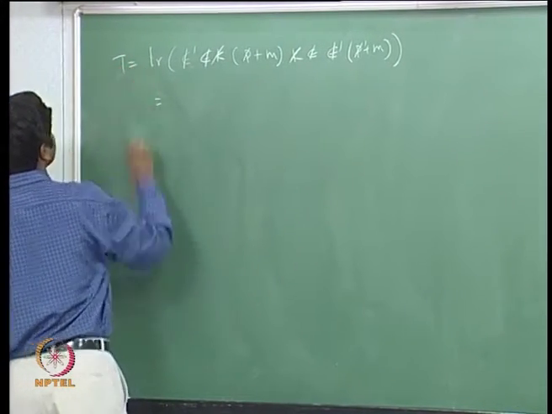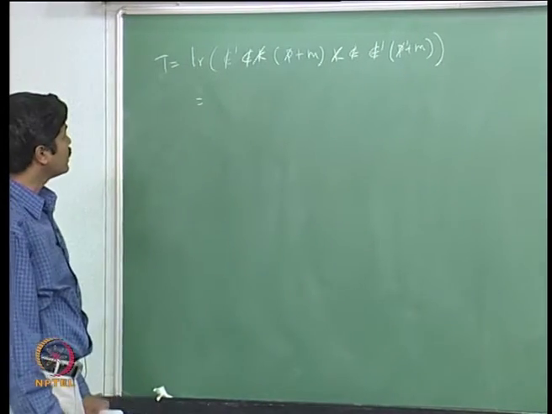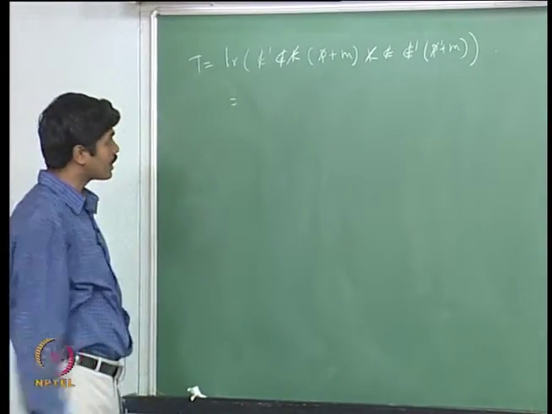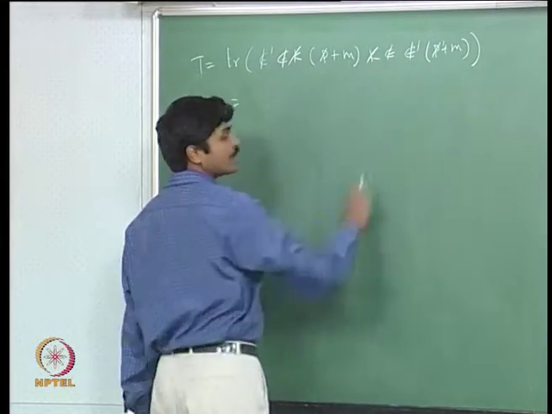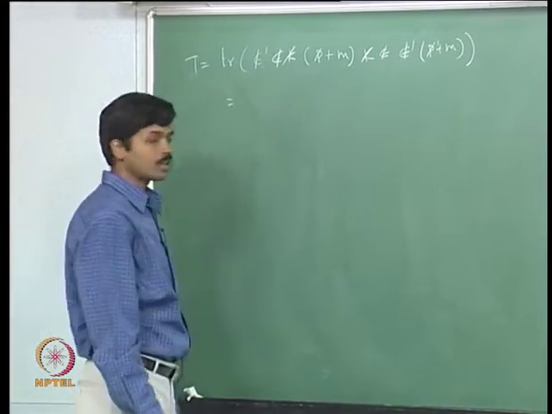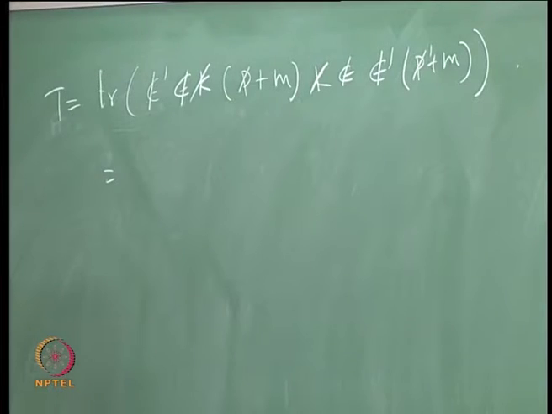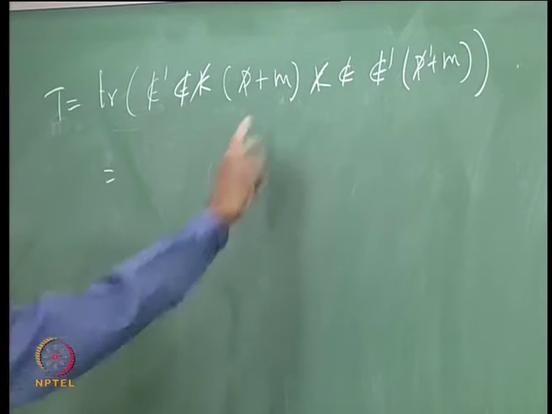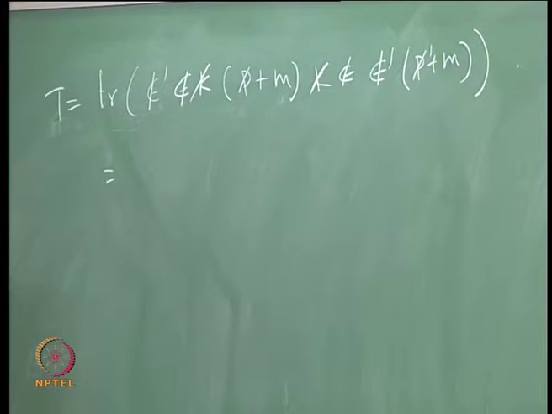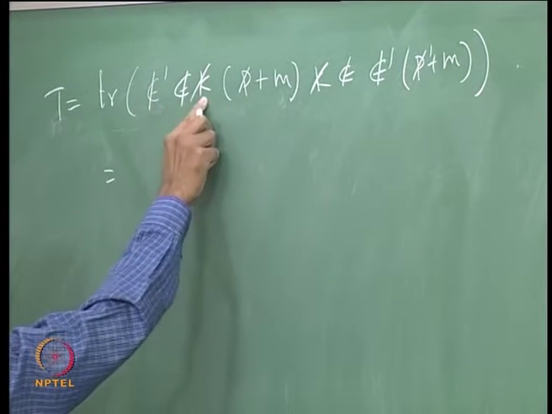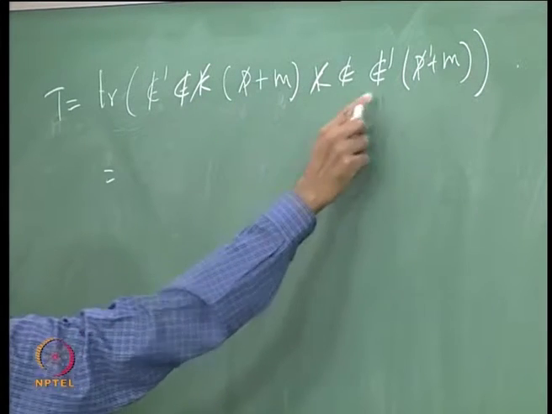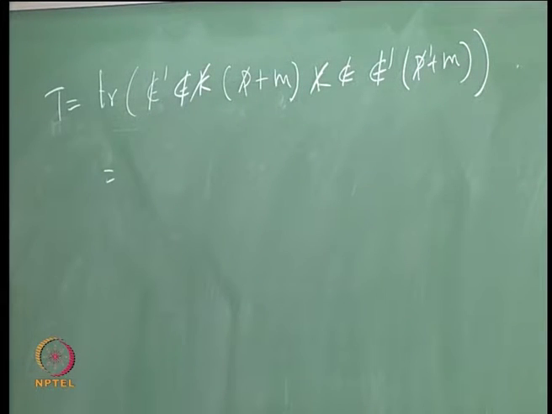As you can see, if you just expand this term, it will give you 4 terms. The 2 terms which are linear in m contain 1, 2, 3, 4, 5, 6, 7 gamma matrices, so that will simply be 0.